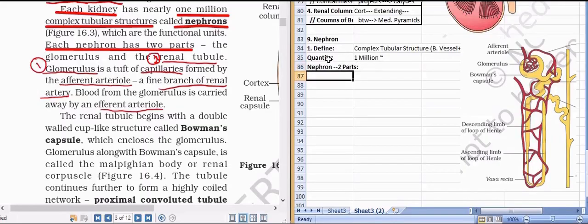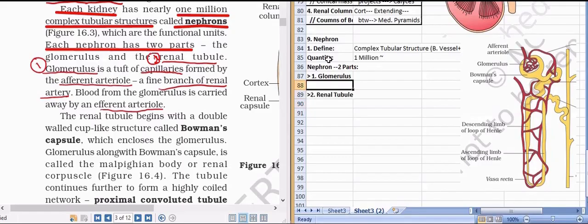What are they? One is the glomerulus. Second, the renal tubule. So remember it. One is the glomerulus and the other is the renal tubule.